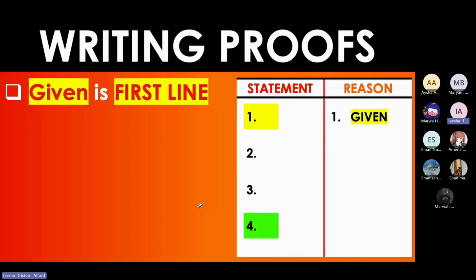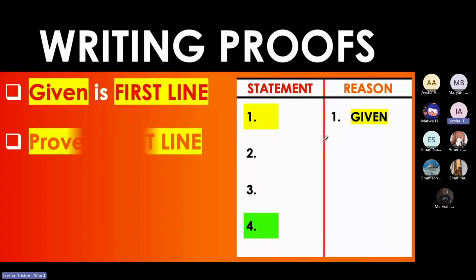It just depends on which type of question they want to ask you. So the number of statements is going to change depending on the problem we are solving. But the thing that is going to be the same every time is that the first reason is most likely given, and the last statement should always be the proof.